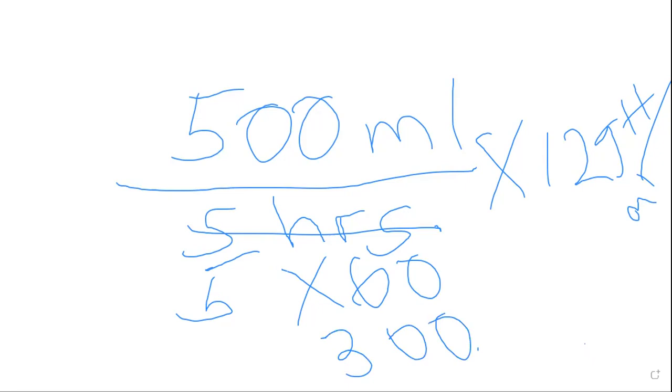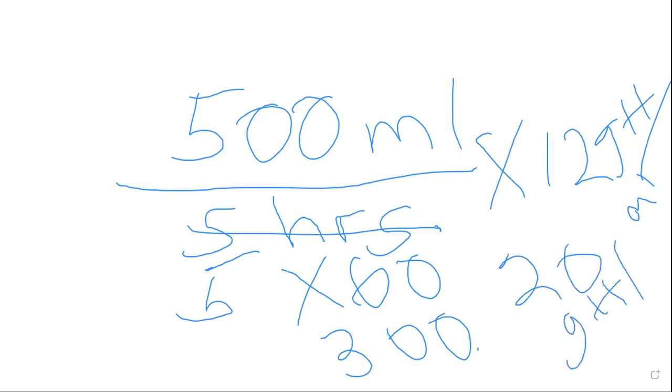Now we're going to take our total volume, which is 500, and divide that by our minutes, which is 300, and multiply the whole thing times 12. That gives us a nice 20 drops per minute.